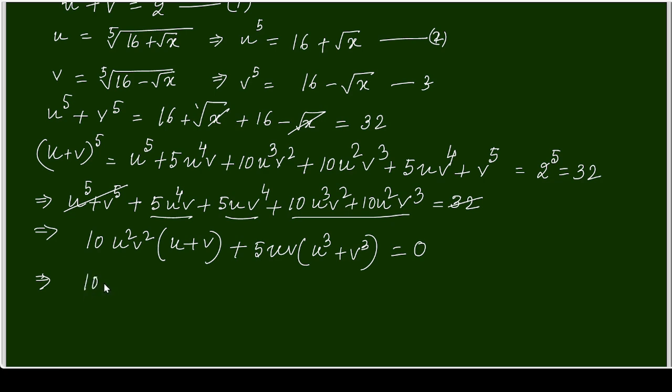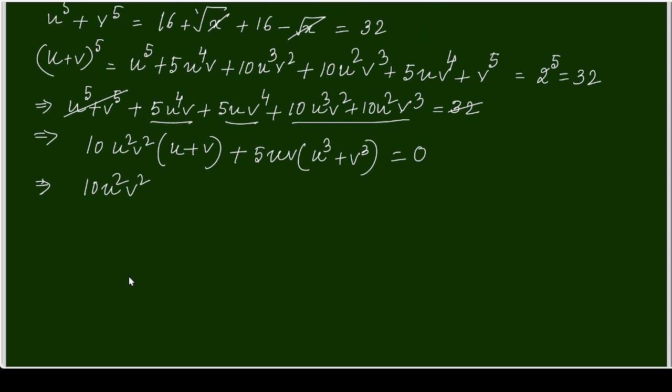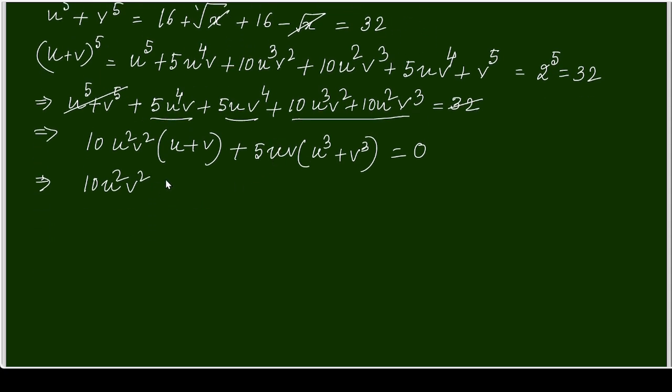So 10 u squared v squared, u plus v I can put immediately, this is 2, plus 5 uv.